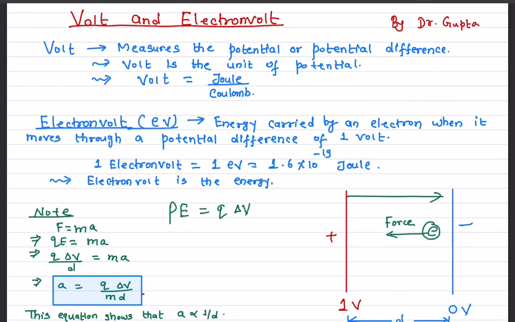The potential energy is given by Q times delta V. Here we're calculating the 1 electron volt. So 1 electron volt is the potential energy, and Q is the charge of the electron. And this delta V means the potential difference between these two plates. The potential difference between these two plates is 1 volt, or simply 1.